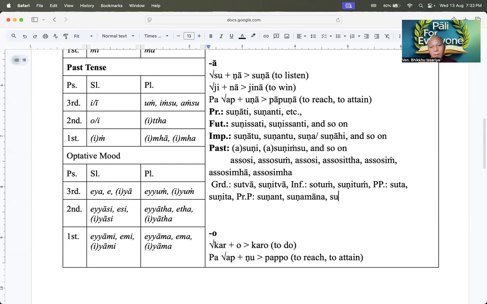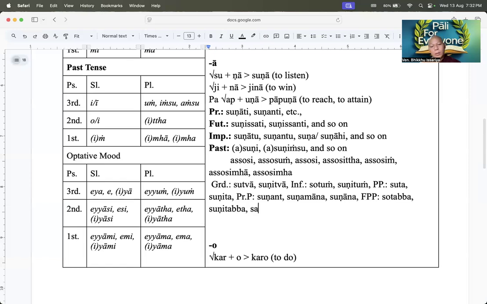And the other possible form is su na na. So in this way. And then for the future participle, su da ba, and then su ni da ba. But the other one, for the aniya, is sawaniya. Sawaniya in this way can be.